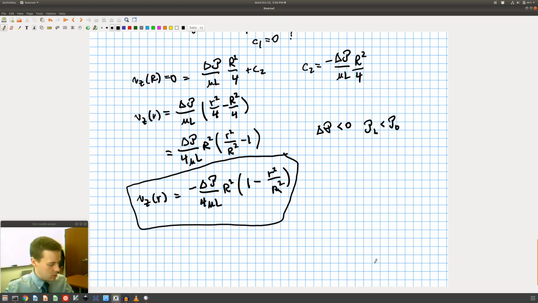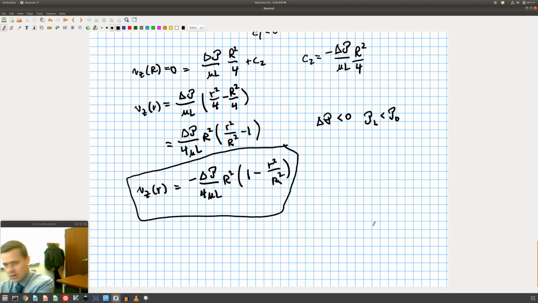Okay, let me just point out, remember, this is parabolic. Look at that. So if this is my pipe, this tells me that in the center, if I put in 0 here, I get that term, so I'm big there. So if I draw it off, I'm big there.